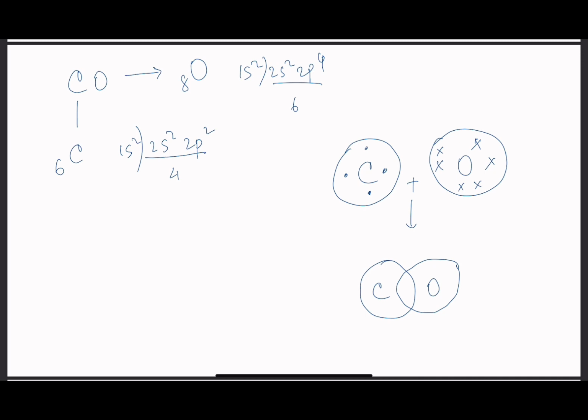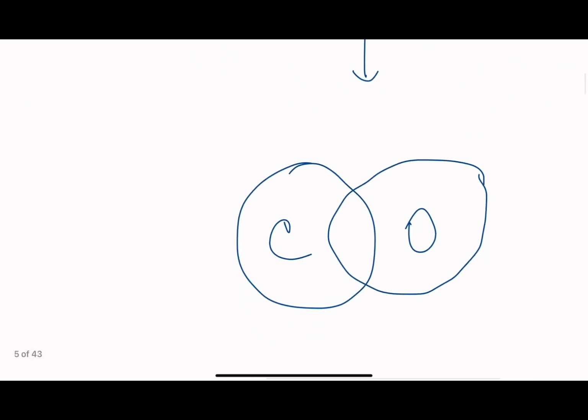Okay, so in this case, the way this happens, if you go inside, carbon donates 2 electrons, while oxygen donates 2 electrons. Okay, so these 4 are gonna be used for covalent bonding, and then oxygen is left with 4 electrons.